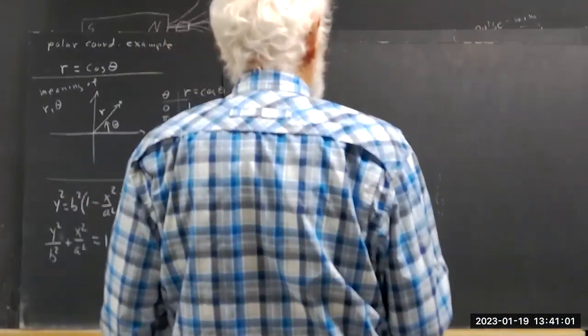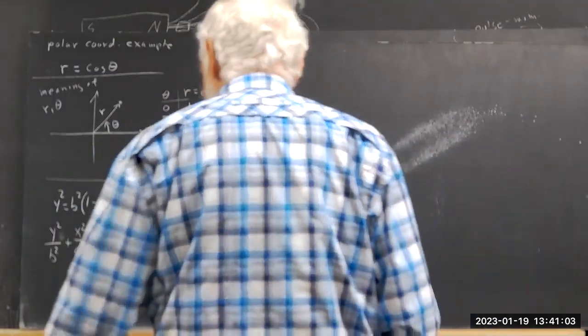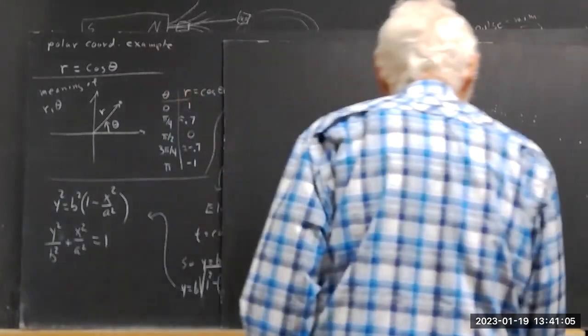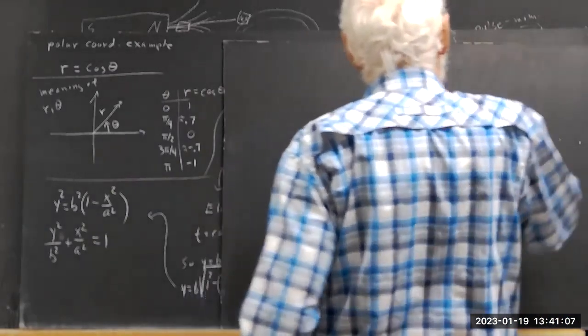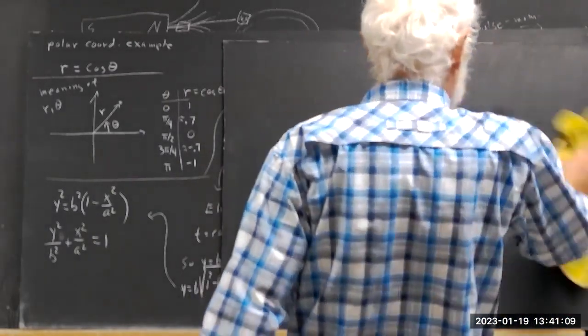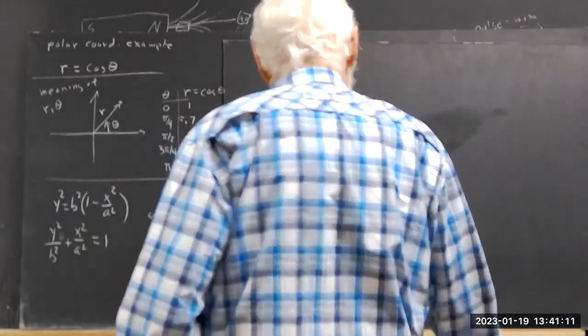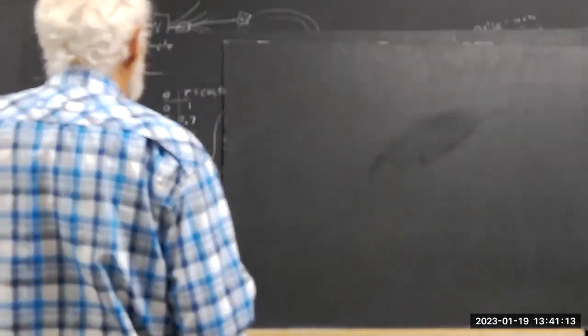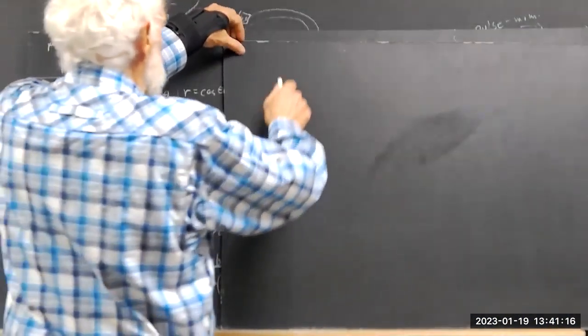Got some extraneous stuff that's been picked up here, so let's get some of that out. As clear as possible. Now we can go. Okay, so we're going to plot this out.